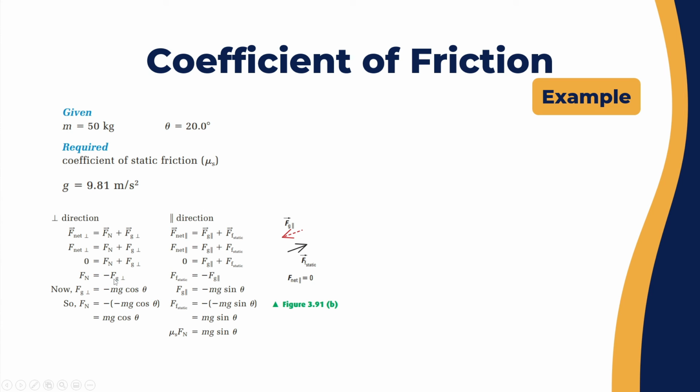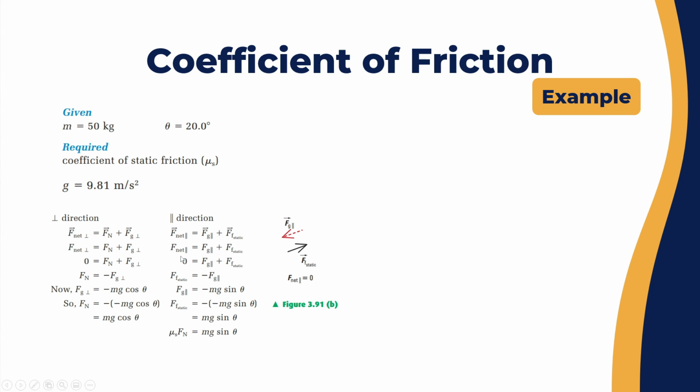Since the F gravitation perpendicular component is pulling downwards, the sign for it would be minus. The F normal would equal, in this case, minus the minus mg cosine theta, because we have minus here and minus here: minus from rearranging the equation and minus from the direction of the force. Don't be confused, it's easy. Normal force equals mg cosine theta.